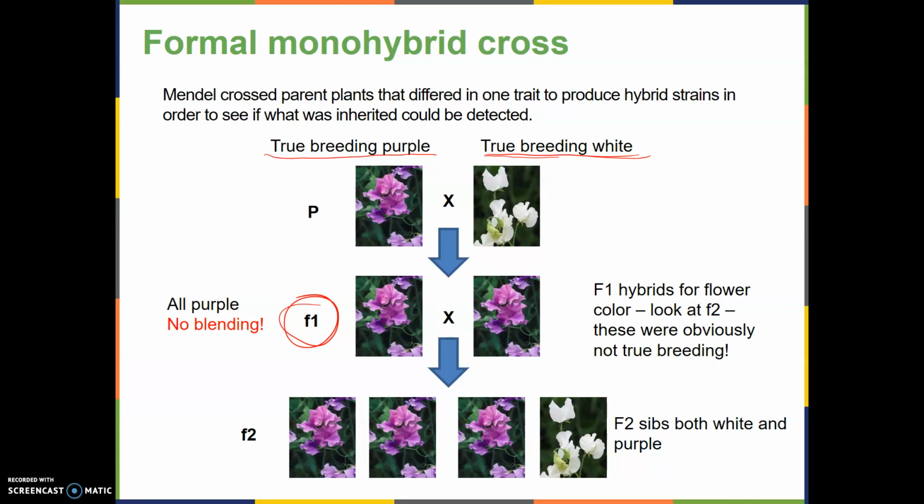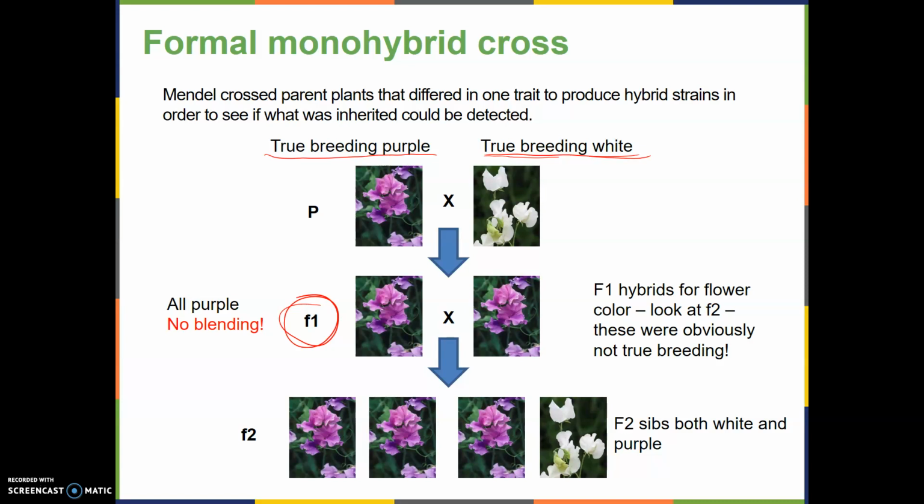So, of course, one thing that we know is purple must be the dominant trait. If an offspring gets a purple gene and a white gene, they're going to be purple. So we know purple must be the dominant trait.